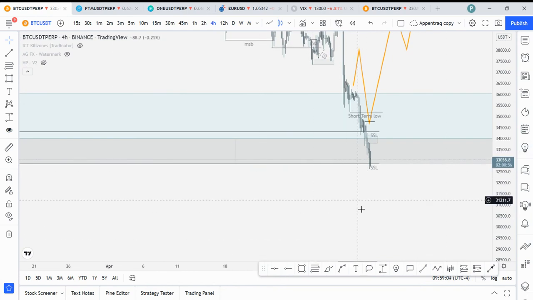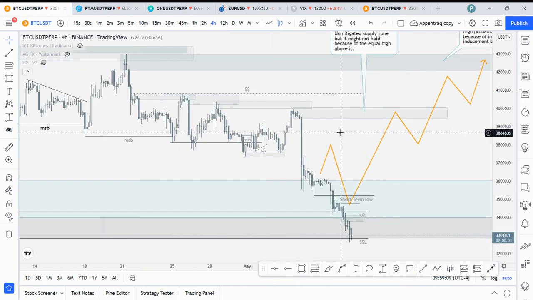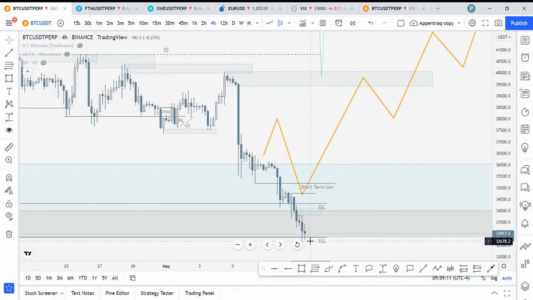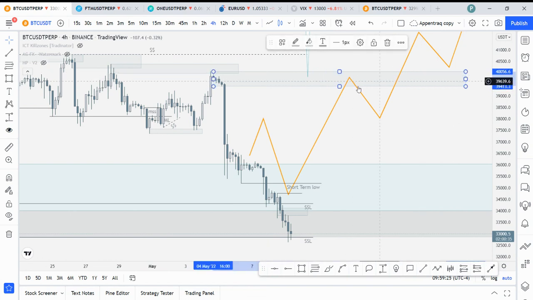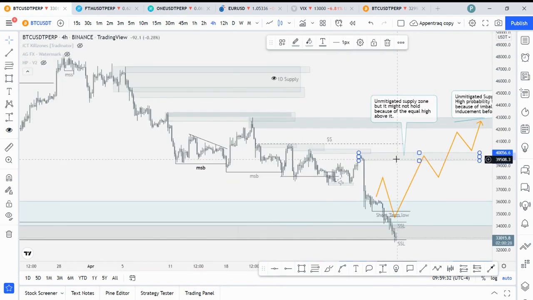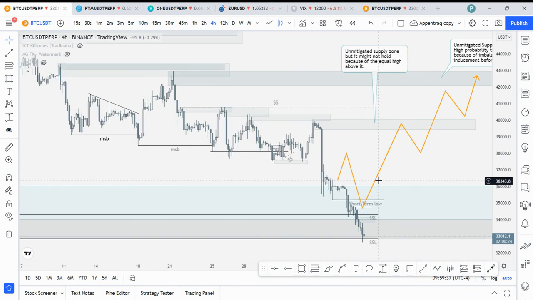So price may drop to that level before it goes up, but I honestly do believe that since we've taken two sell side liquidity here, we should see some kind of pump, at least to this level to mitigate this supply zone, or maybe this level. That's pretty much all you need to know about liquidity.